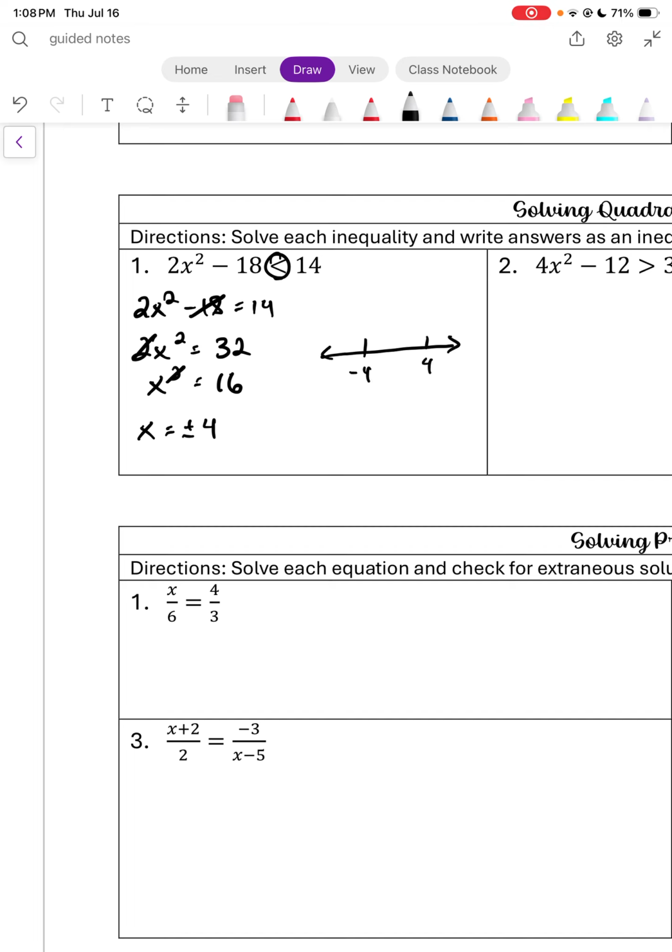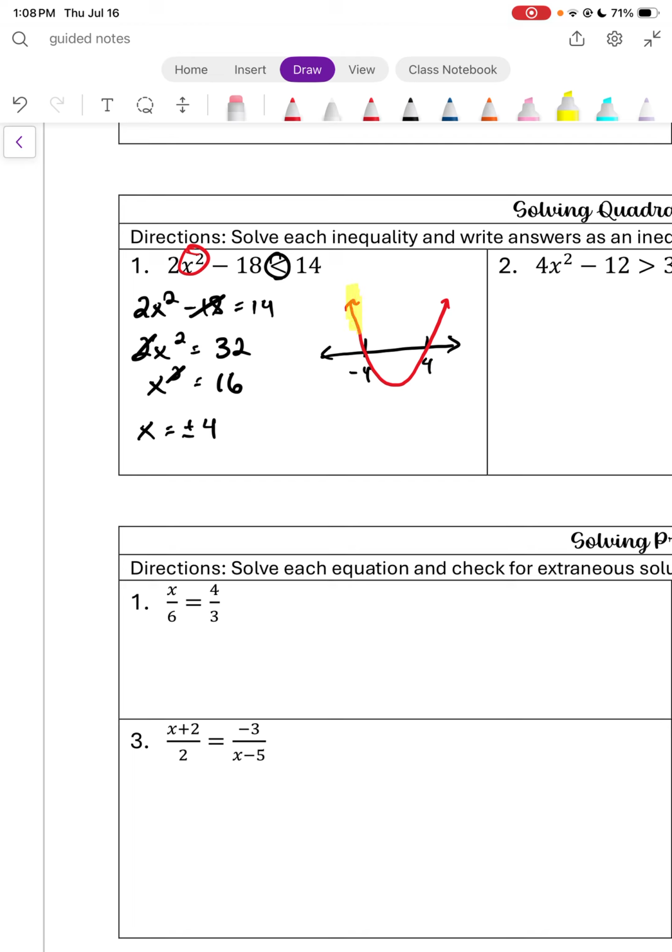And what you can do is you can actually pick an x value in each of these regions and test it. We're not going to do that. I'm going to get ahead of myself and show you that with quadratics, you're dealing with parabolas. So those critical values are where your parabola is going to cross, and it separates your parabola into 3 regions.